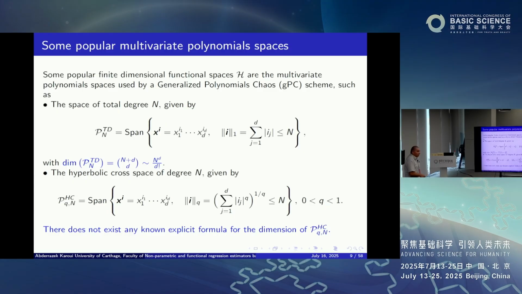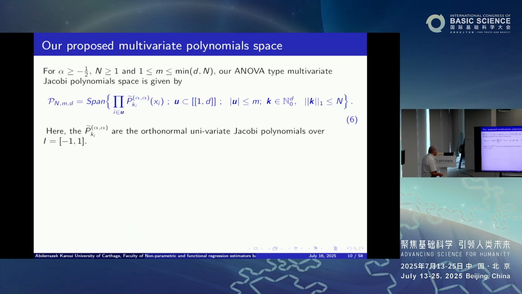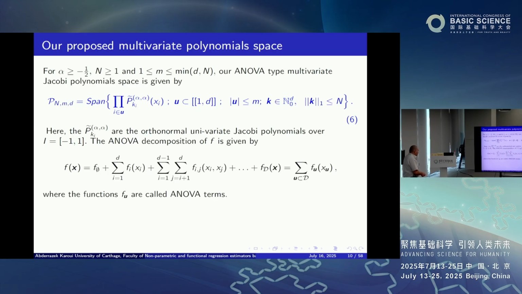The problem is that there does not exist any result that gives you the dimension of this space. The last one is the space spanned by multivariate Jacobi polynomials, this one. This is what we are going to use, and we know its dimension.